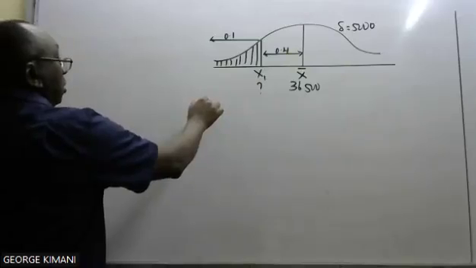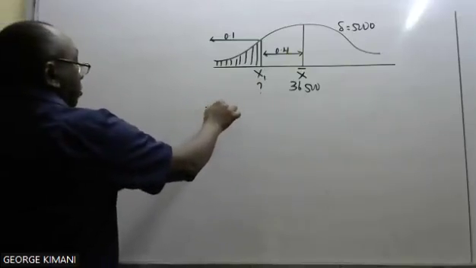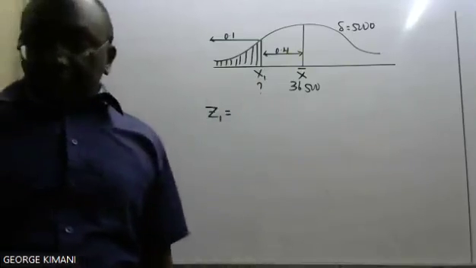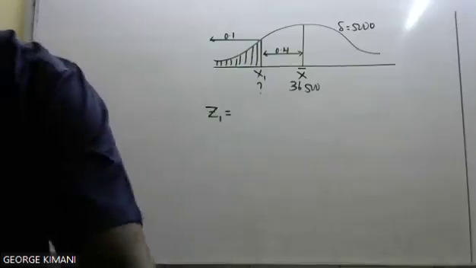So Z1 from the tables. Z1 will be what from the tables? 0.4 is going to give us what?